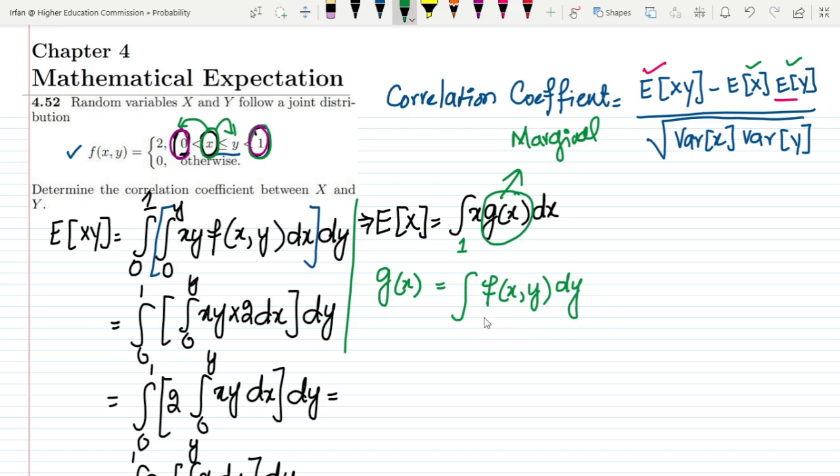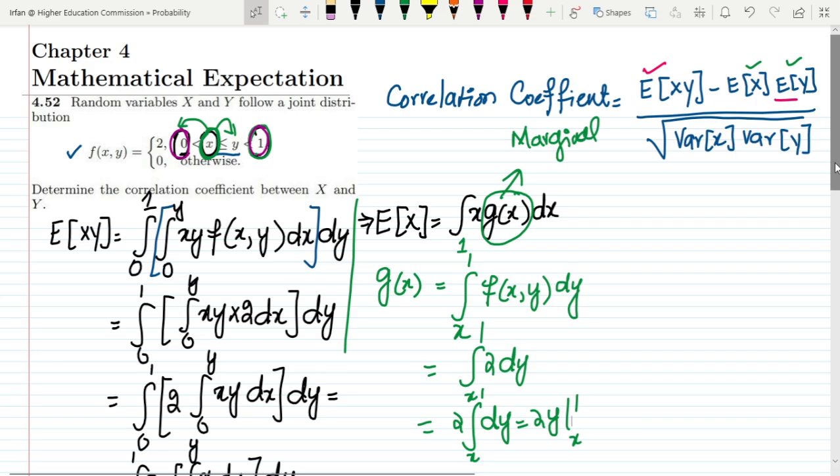Also, we can see that the ranges of y are from x to 1. So here it would be x to 1. The value of f(x,y) is 2, so x to 1 of 2 dy. Let me take the constant outside, 2 times the integral of dy, which will ultimately give me 2y from x to 1.